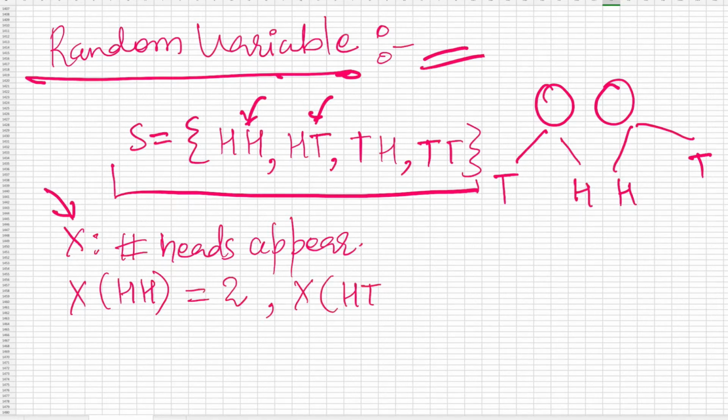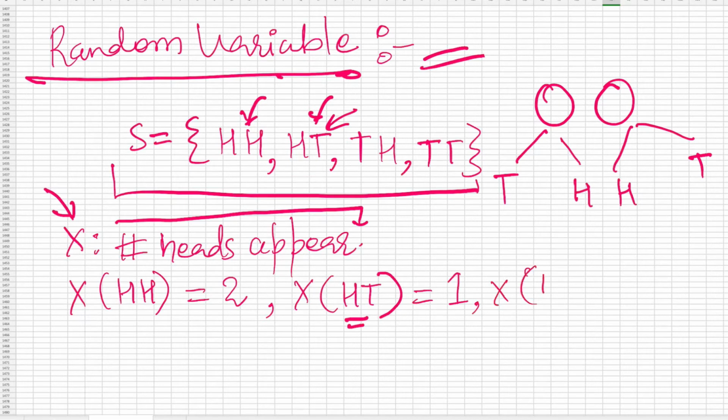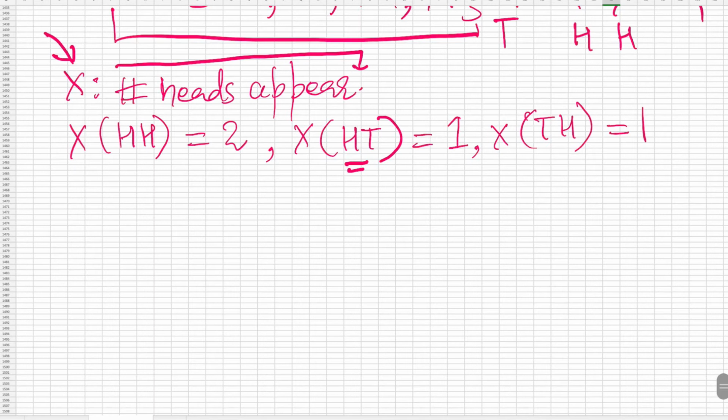At the same time if I calculate X for the next outcome, which is HT, then we will get 1 because in this outcome we have only one head and we are interested in the number of heads only. For the third outcome TH we will have once again 1, and for the last outcome, which is T and T, there is no head, so the value of X would be 0.